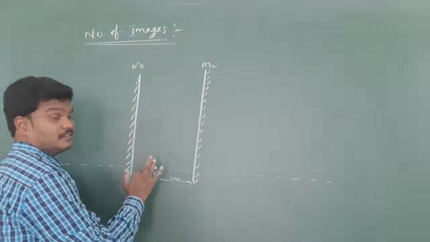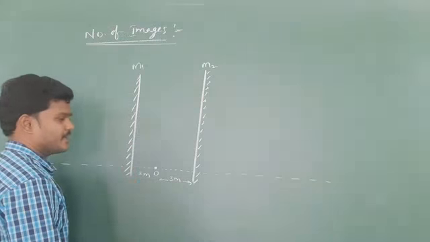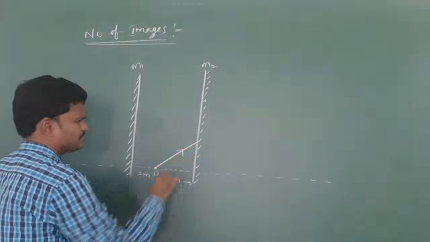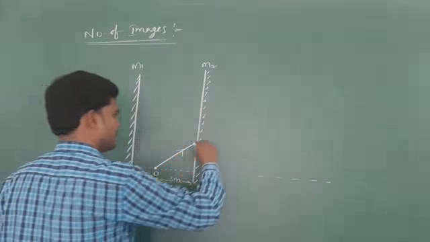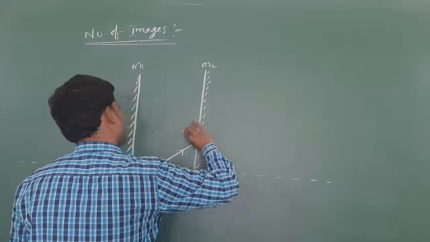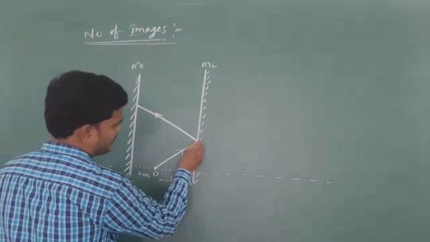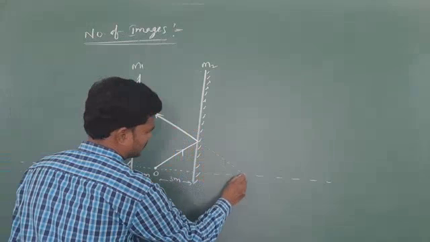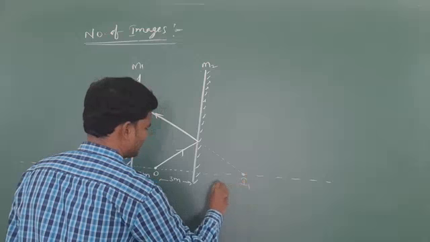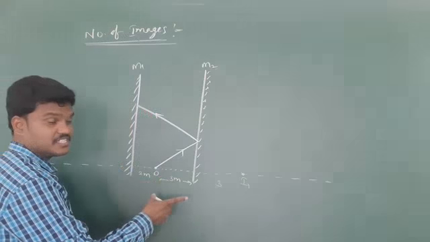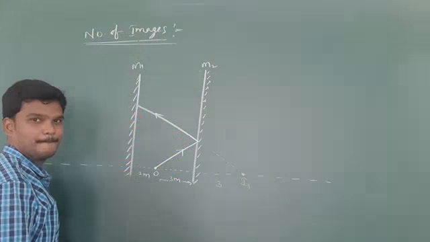If they are parallel. If they are perpendicular, then other conditions apply. Now one of the light rays strikes one of the mirrors and undergoes reflection. If I extend this light ray backward, this is the first image at a distance of 3 meter, the first image distance for the second mirror.